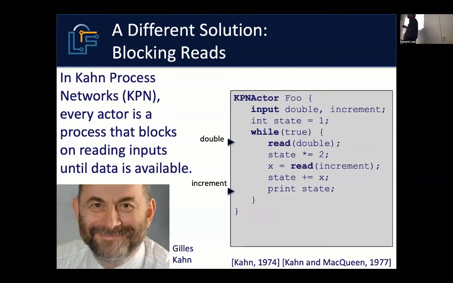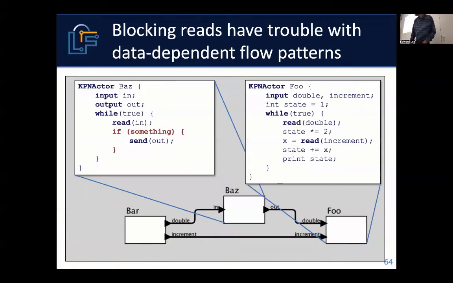What he meant by deterministic was that if you had a network of these processes like this, okay, that the program defined exactly one sequence of messages for every connection. Could be an infinite sequence. In fact, typically it is in Kahn processing.